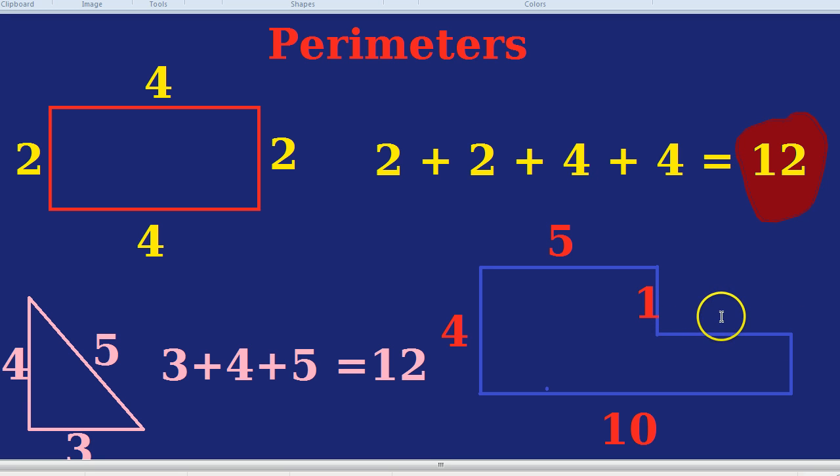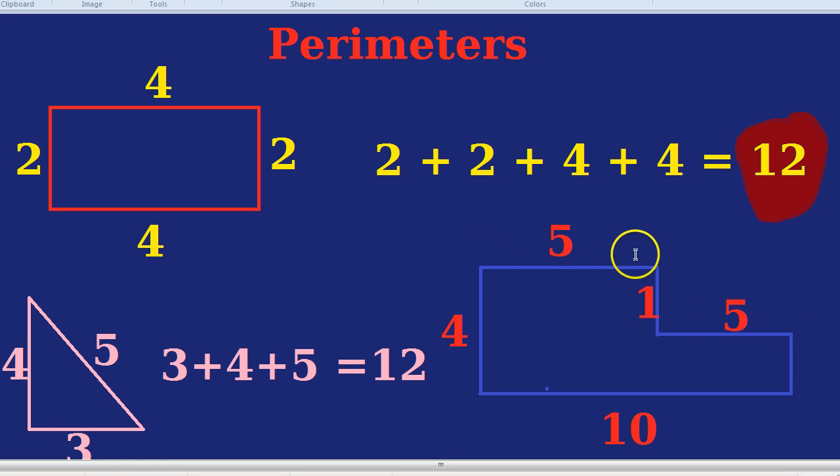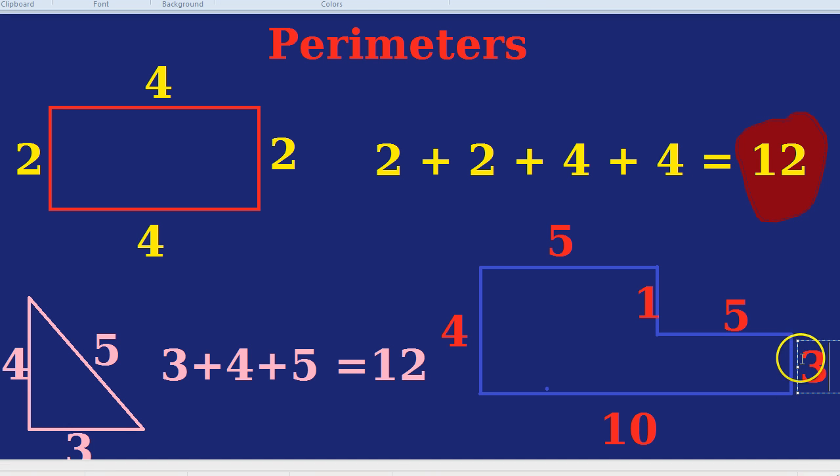That length must also be 5, because then 5 there and the 5 here add up to 10 in total. Same trick. If this whole length here is 4 and that bit here is 1, what's left over for this side? It must be 3.